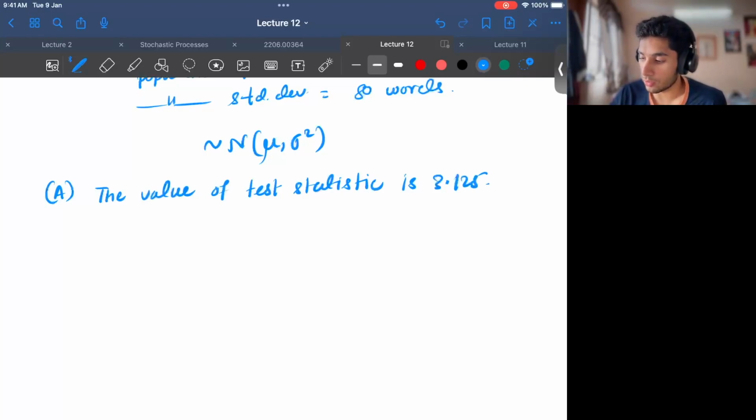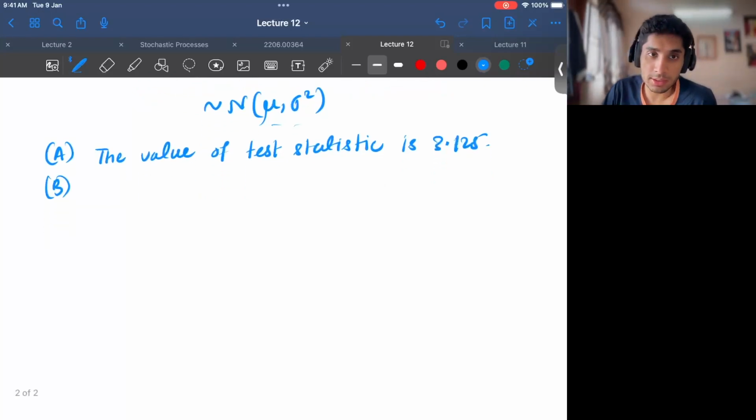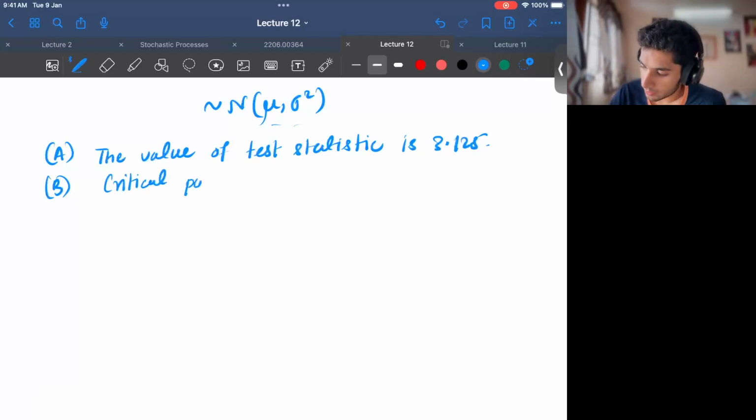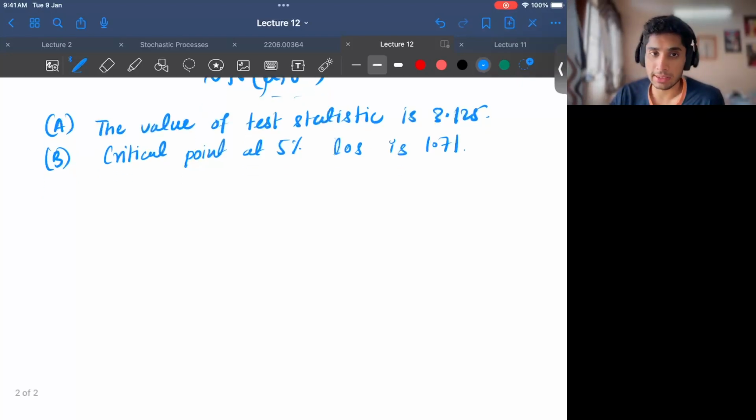So you need to recall what the test statistic is when mean and variance both are unknown. Second statement is the critical point at 5% level of significance. I will use LOS to denote level of significance. It is 1.71.